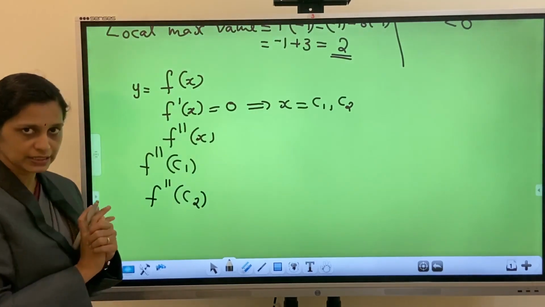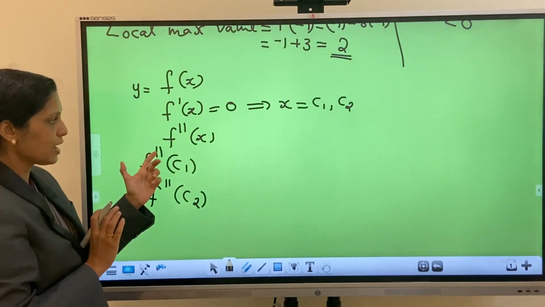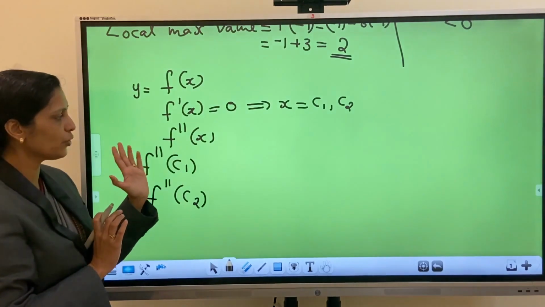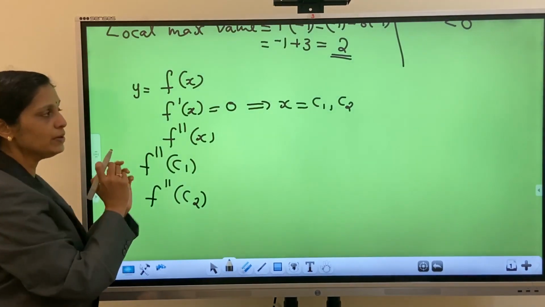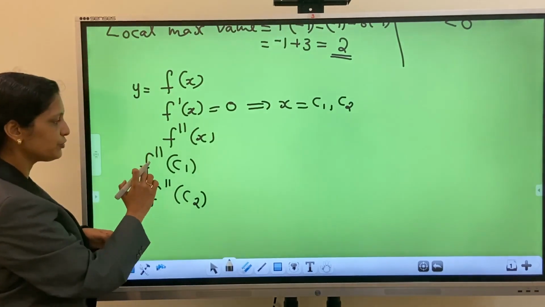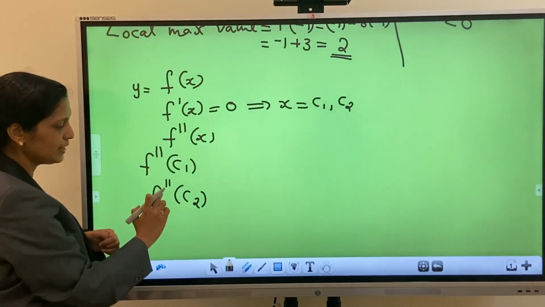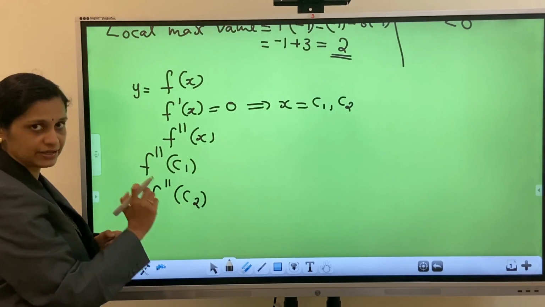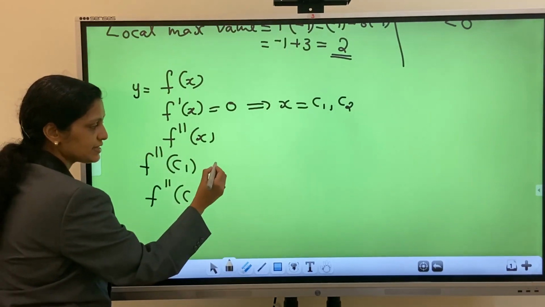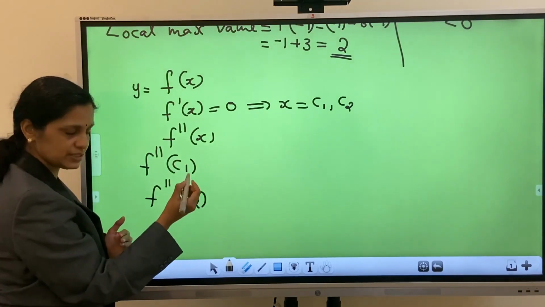You need to find the critical points and the second order derivative. And in the second order derivative, you have to give C1 and C2 as values for x. That is, we need to find f double dash C2 and f double dash C1. Then there are two possibilities. It can be negative or positive.